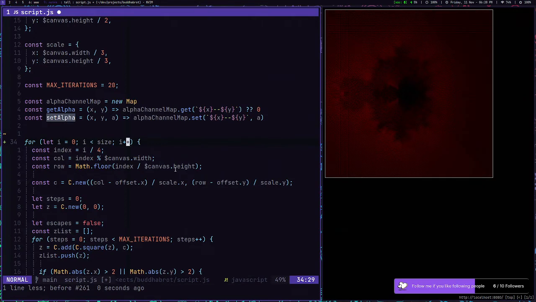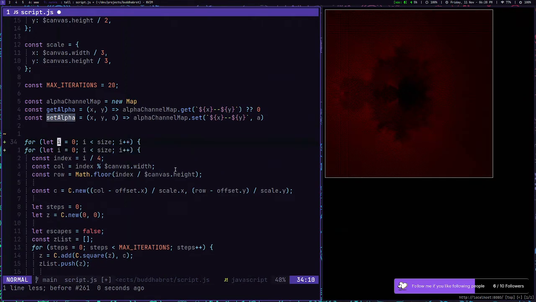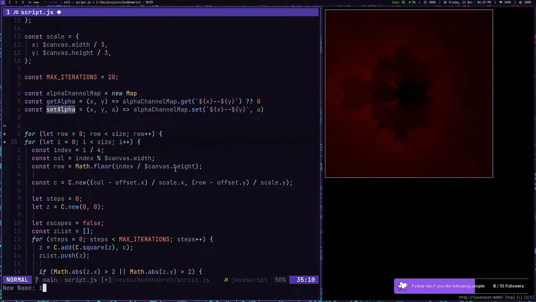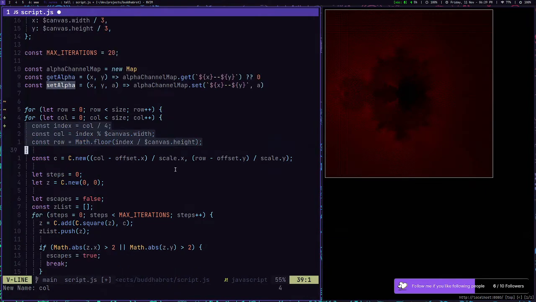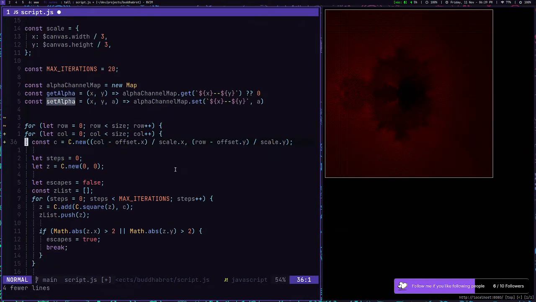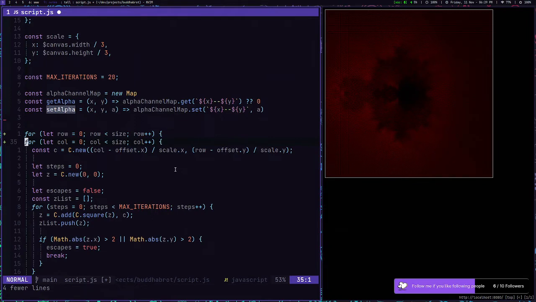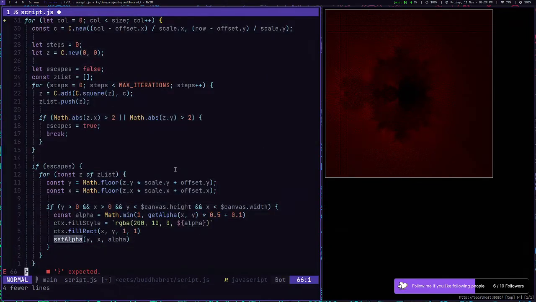We do that all over again. Or this is row and that is column. Let's do it that way. A row and this is column. And we don't need to do this anymore because we already have row and column. Yeah. Feel like we've done something here.